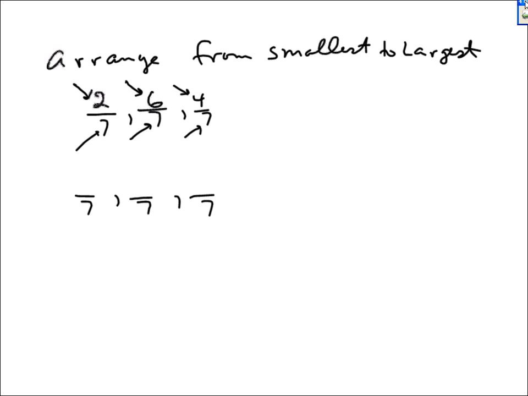The one who got the least number right got the lowest grade. 2 out of 7 is the smallest. 4 out of the 7 is the middle grade. And 6 out of the 7, that's the largest grade. If the denominators are the same, you just arrange the numerators, in this case, from smallest to largest.